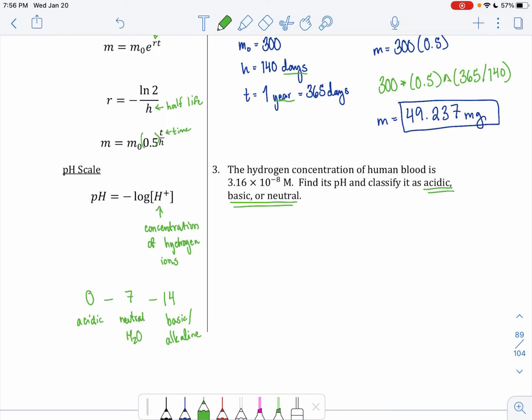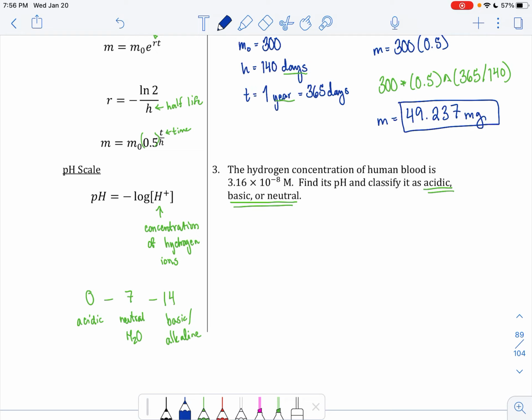This is why I wanted to do this as the example, so we can get that vocabulary in. Something that's basic or alkaline. And this is our pH scale. So hydrogen concentration of human blood is, well, it's supposed to be 3.16 times 10 to the negative 8 moles. Find its pH and classify it as acidic, basic, or neutral.